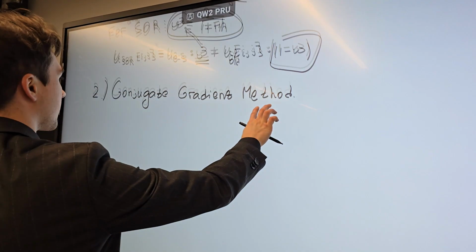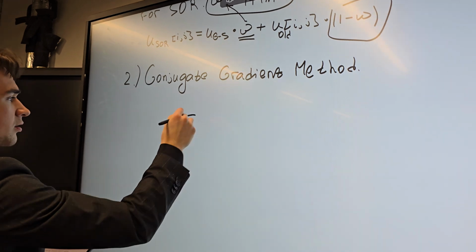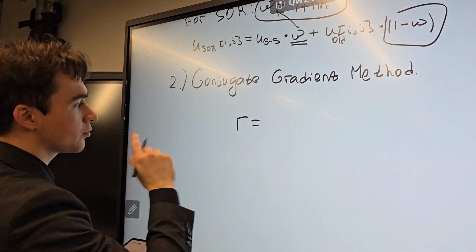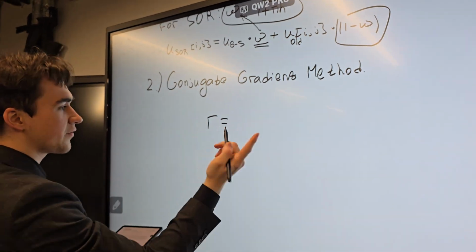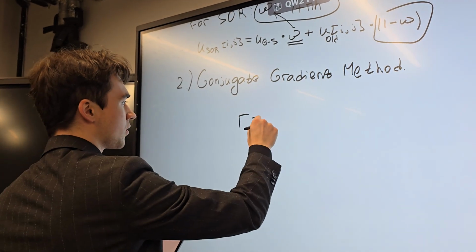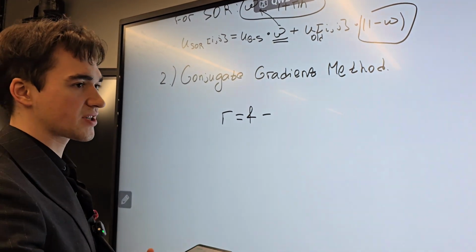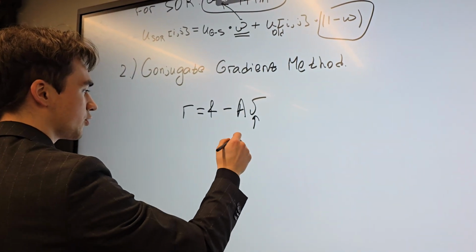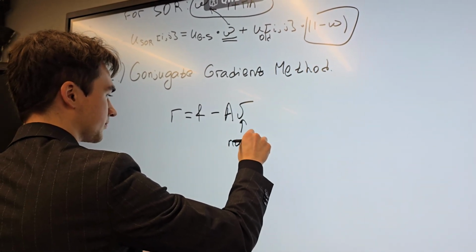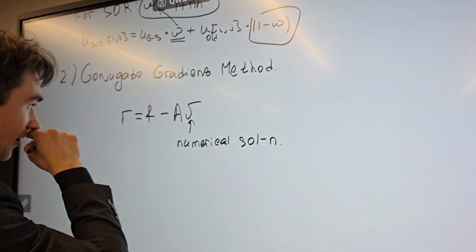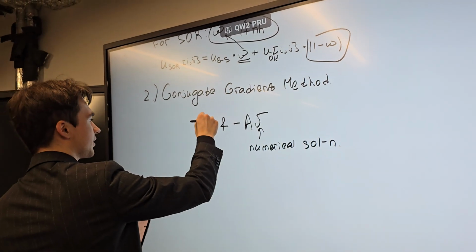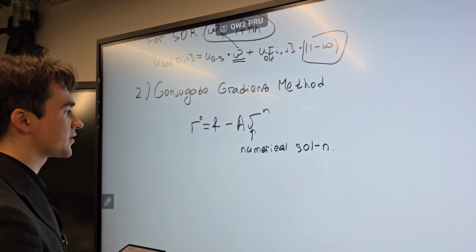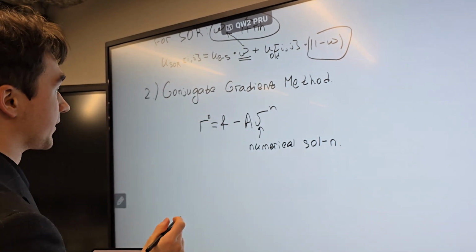We have our residual, which is equal to the difference between your function f and your approximated value. And here is v, it's your numerical solution. And let's put here some n, which says that it's iteration n.